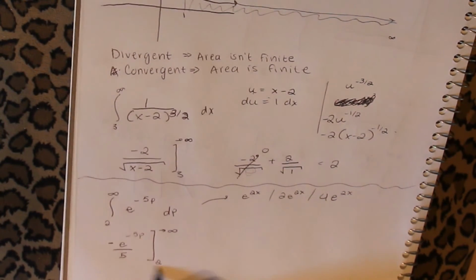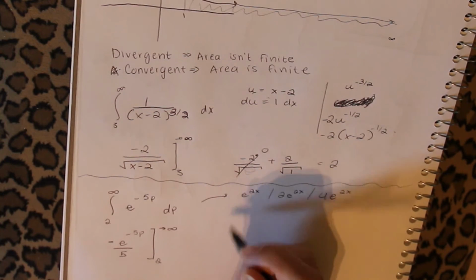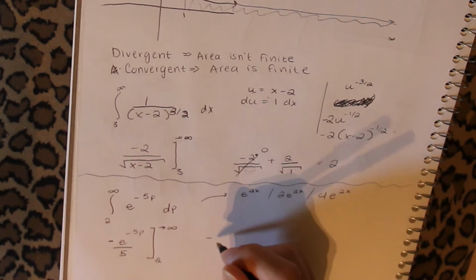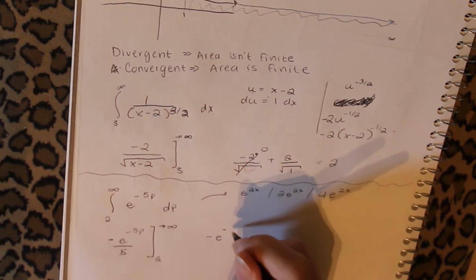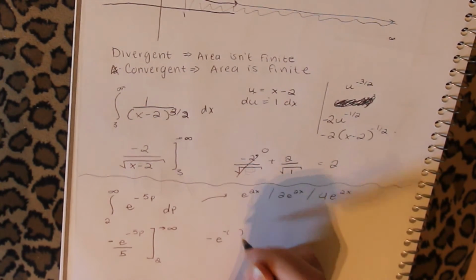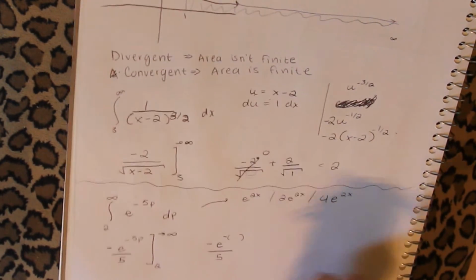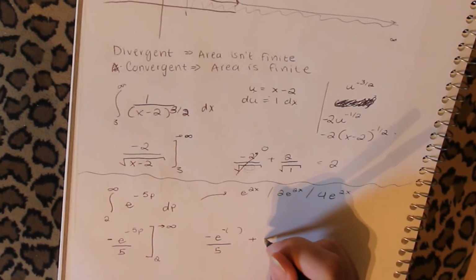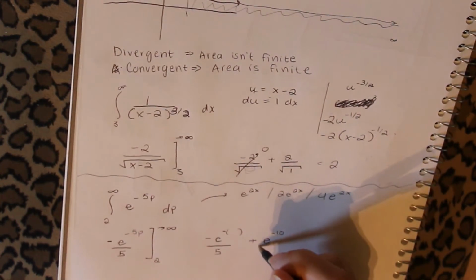So we're just going to plug these numbers in just like normal. We're going to get negative e to the negative of a really big number, I'm just going to leave that blank, over 5, plus e to the negative 10 over 5 again.